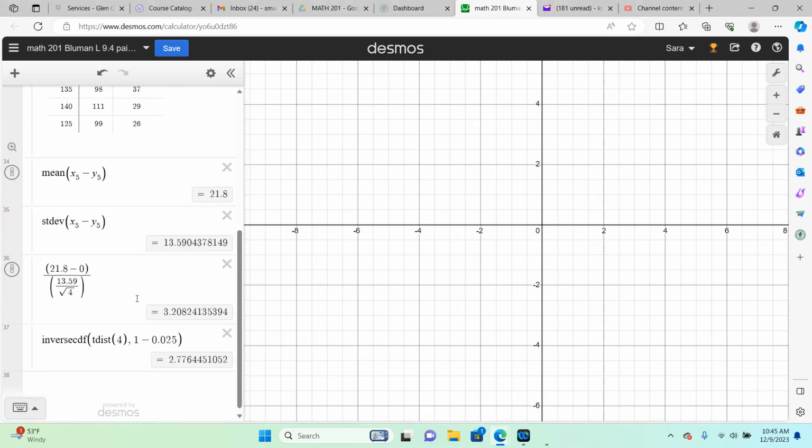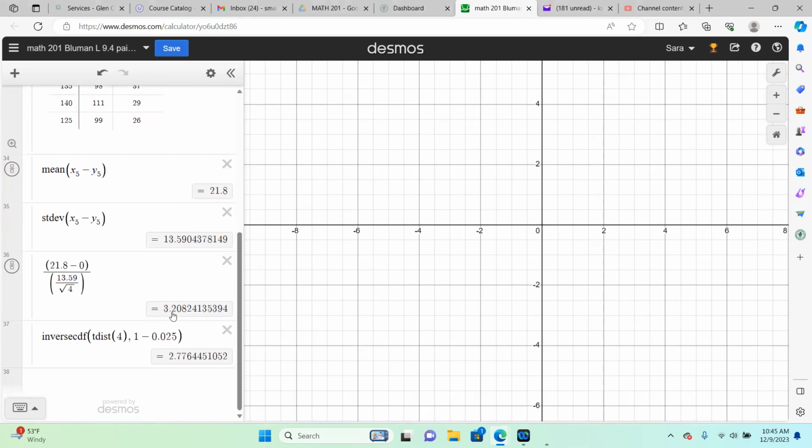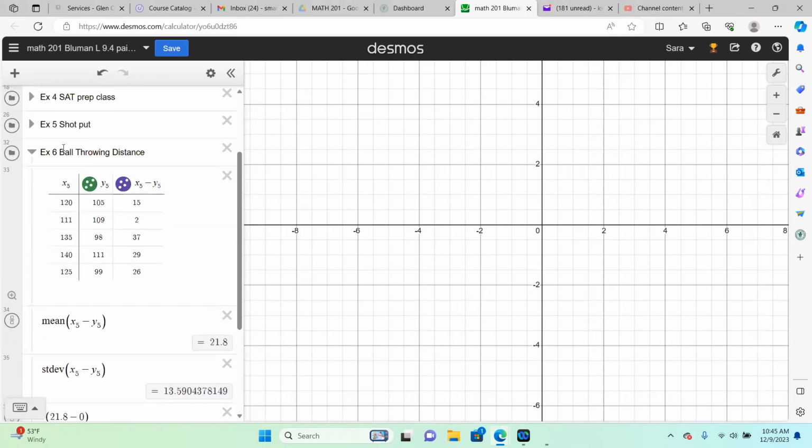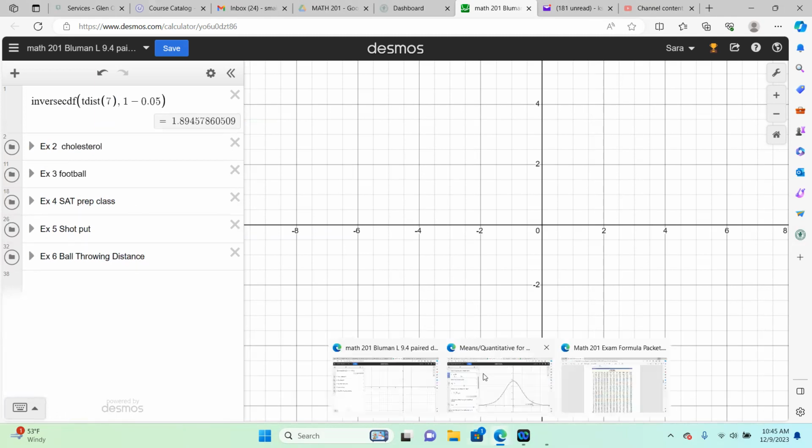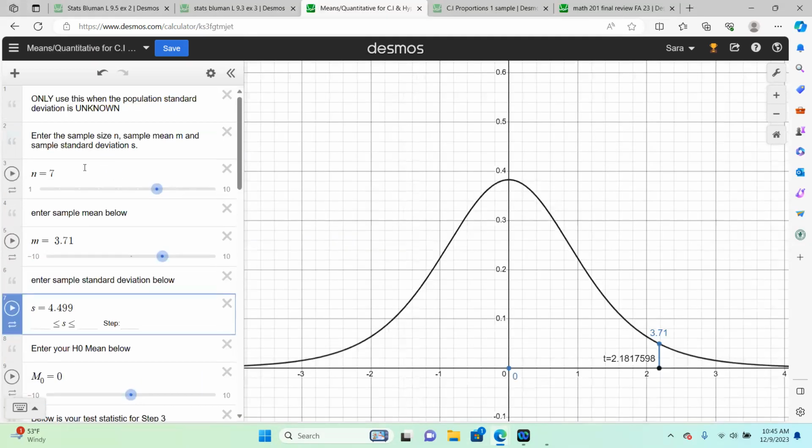And so on this one, our test statistic is further away from the center than our critical T. So we're probably going to reject H0, and we can confirm that in our means program up here.